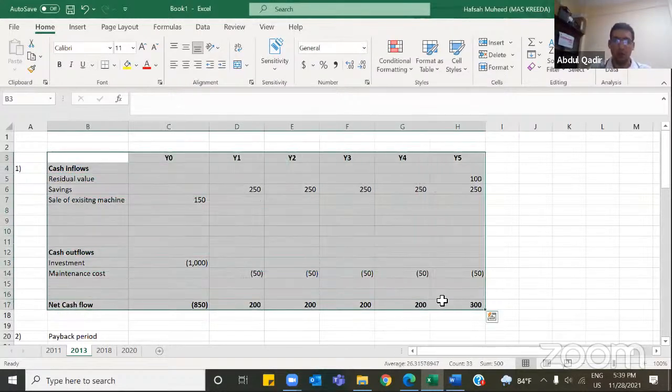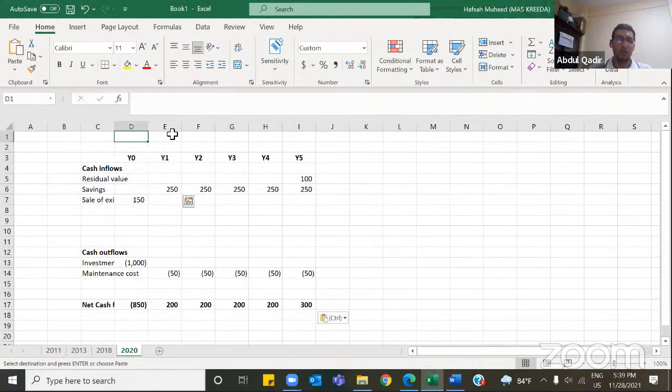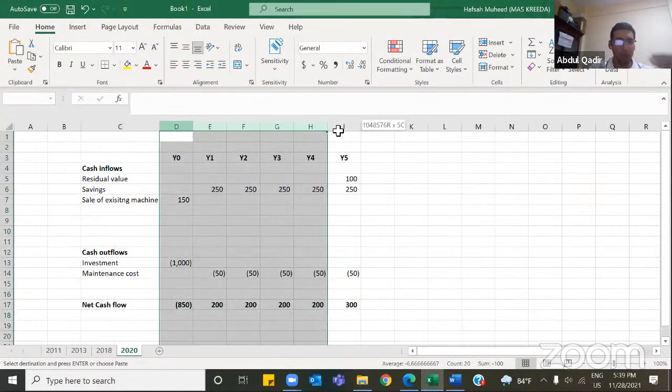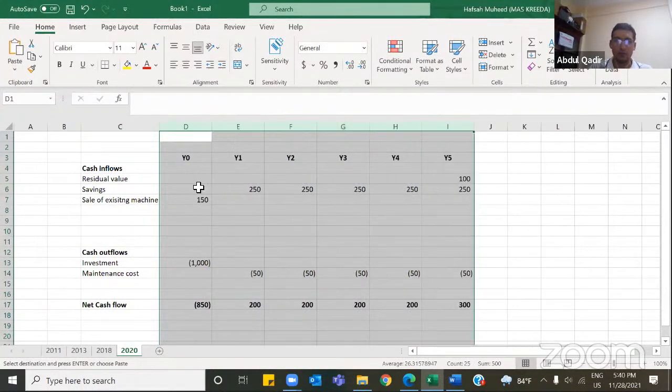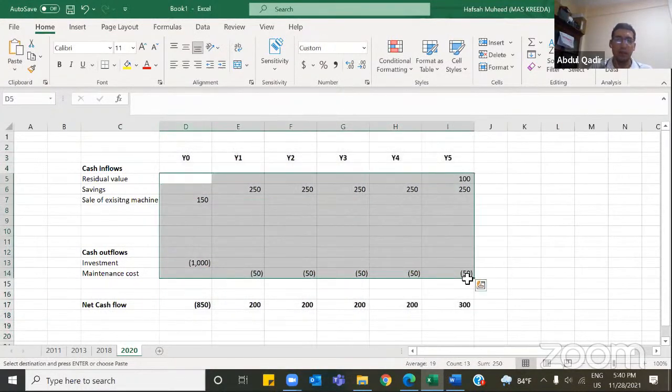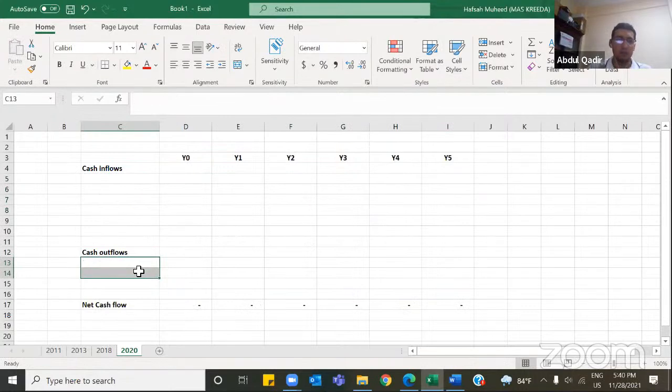So basically create a schedule and use it here, because they want a list of cash inflows and outflows. I'm using a similar format from a previous question. Let me delete the information in this question, so let's see what is the information given and we'll include it here. So I'm going to switch screens.